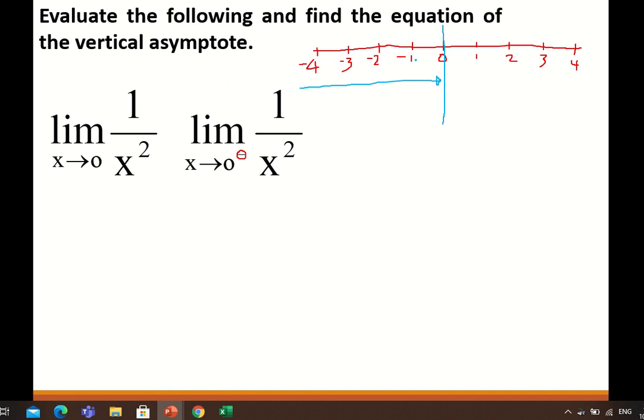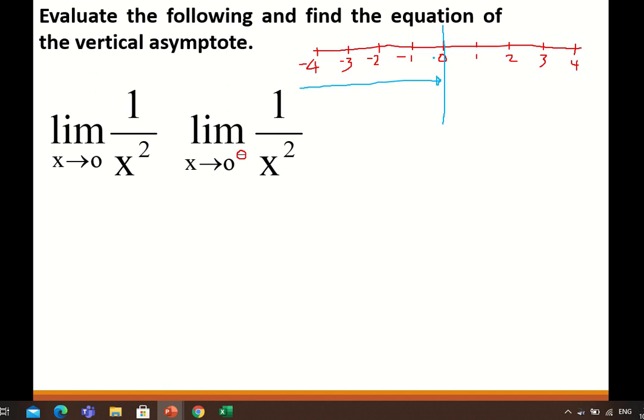Okay, as the number becomes closer to 0, what's the number closer to 0? That is negative, almost 0, so we have negative 0.000001. So 1 divided by 0.000001 squared, a very small number.